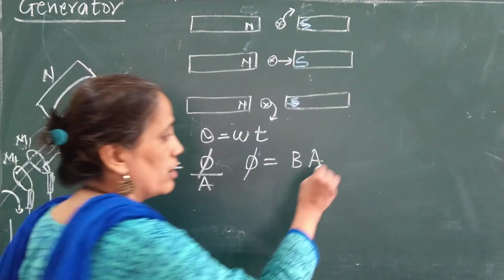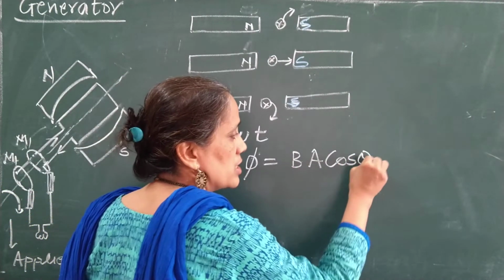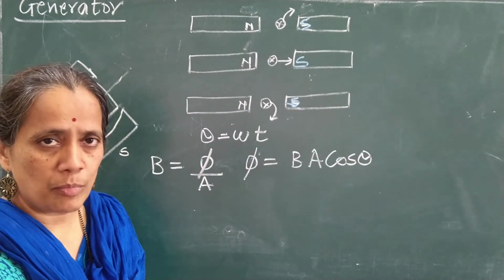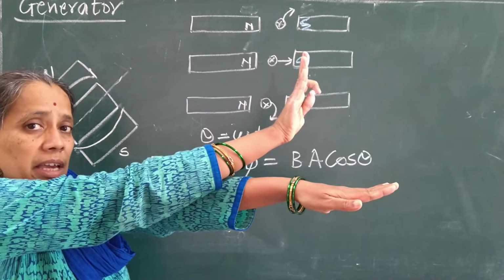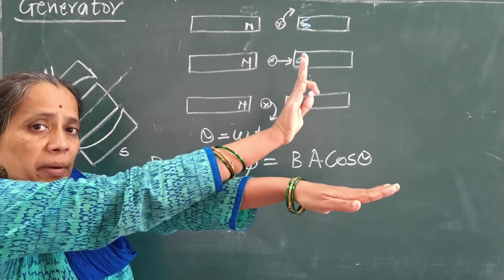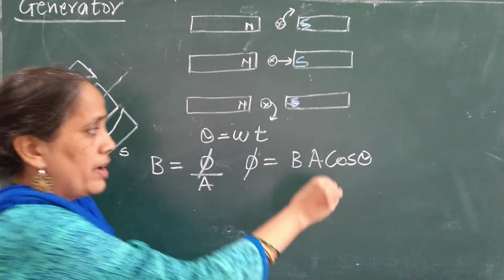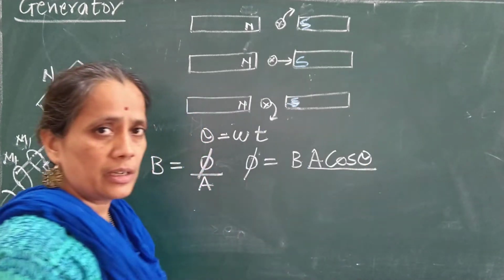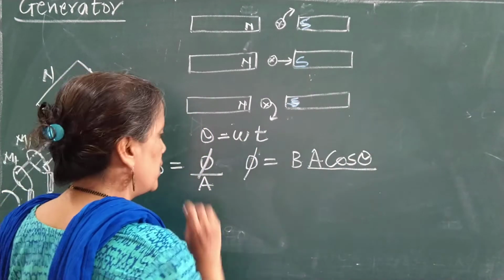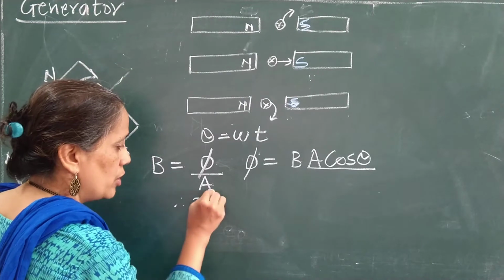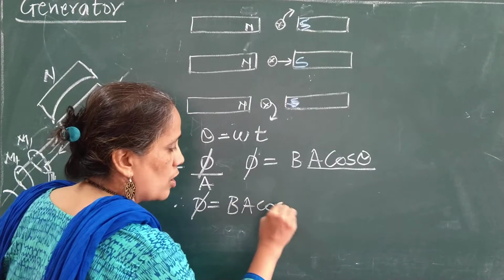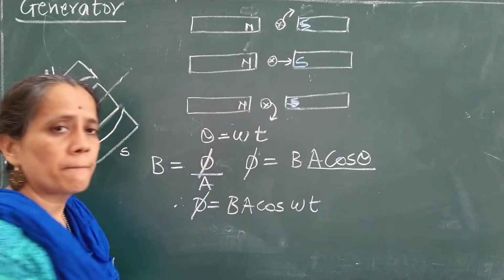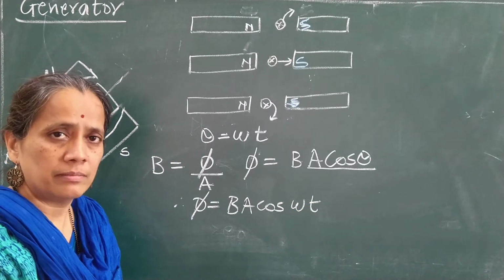But here the perpendicular component of the area vector is the adjacent component. See here, the magnetic field and area vector make an angle theta. So the perpendicular component of the area vector is A cos theta. Now the theta value is omega t. Therefore, your phi is equal to BA cos omega t.